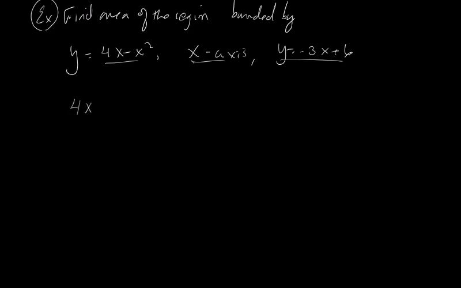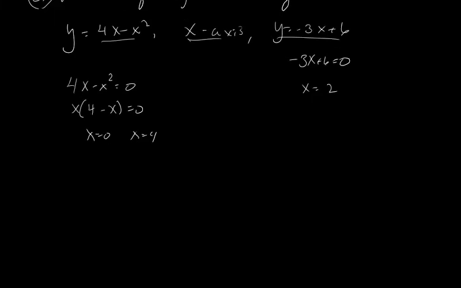So 4x minus x squared is equal to 0 if, let's go ahead and factor it so we can see, x is 0 or x is 4. And then negative 3x plus 6 is equal to 0 if x is equal to 2. Then where are these two equal to each other?